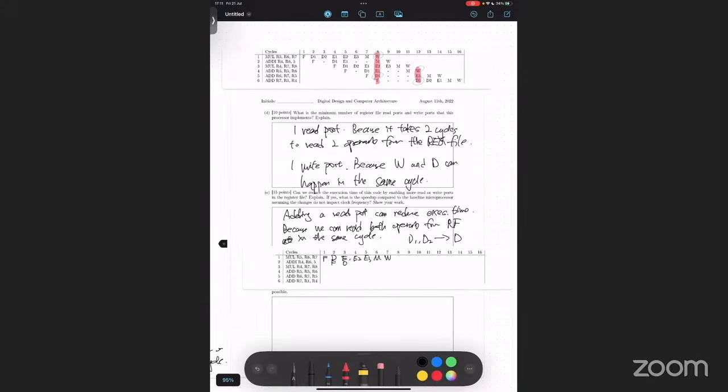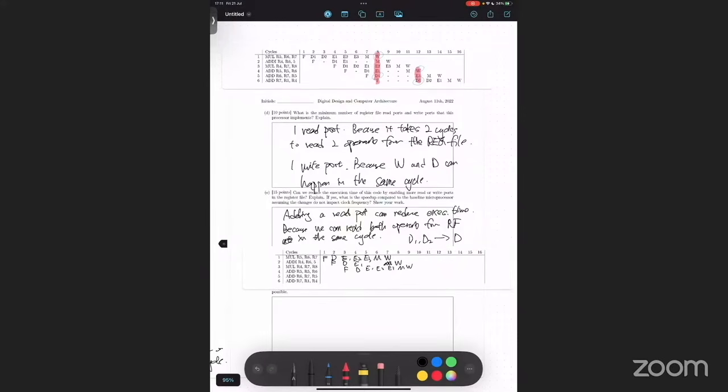fetch, decode, E1, and we still have to wait for the memory, write back, fetch, decode, 3 stages of multiplication, memory, write back.